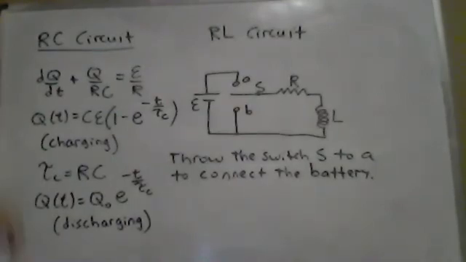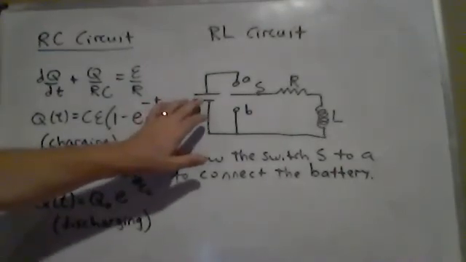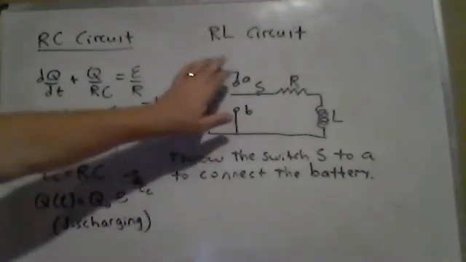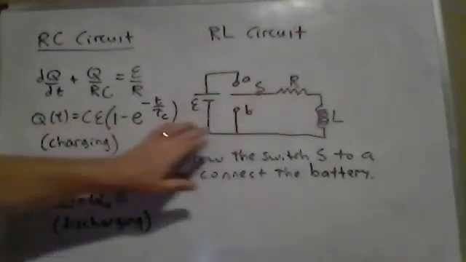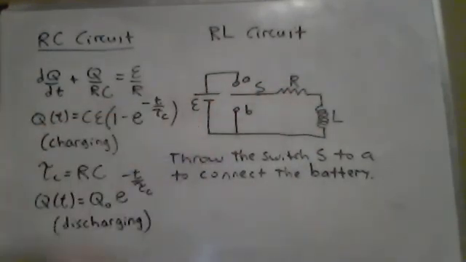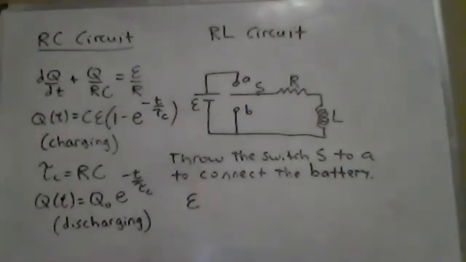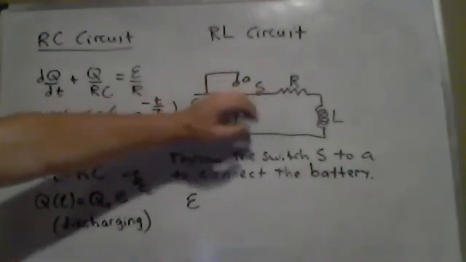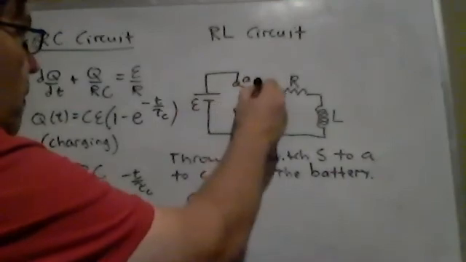I'll start here. The current's going to go up to the switch, all the way over here. This B doesn't matter. So I start at the bottom, and again, I'm going to have epsilon. I continue. Again, I've thrown my switch to A.